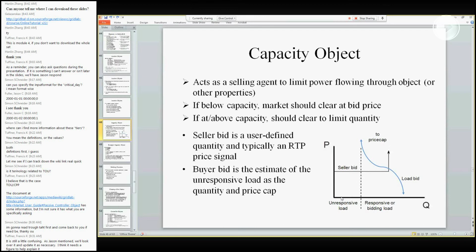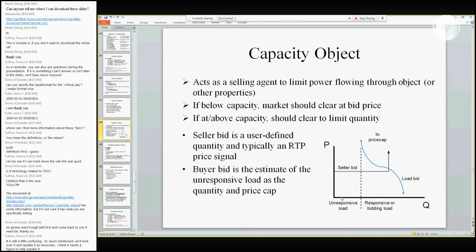And really this is a way that we can capture the combined effects of both a market system on a feeder combined with, say, things like critical peak price customers or just fixed rate customers, but then also to couple it with the actual power system measurements in a way that allows us to approximately at least limit feeder loading or substation loading at that device.